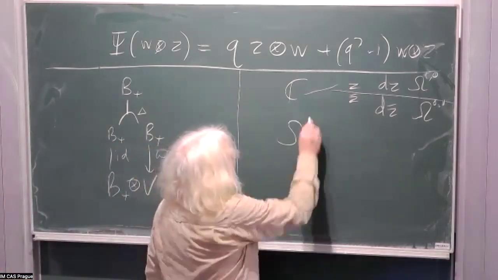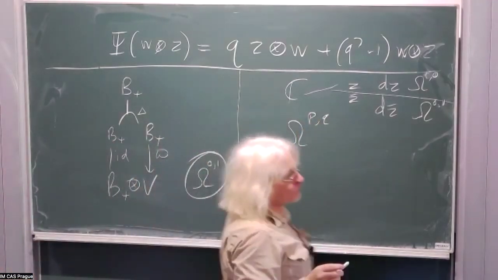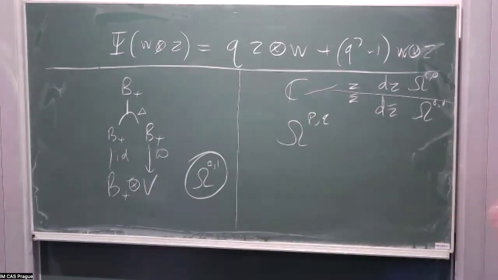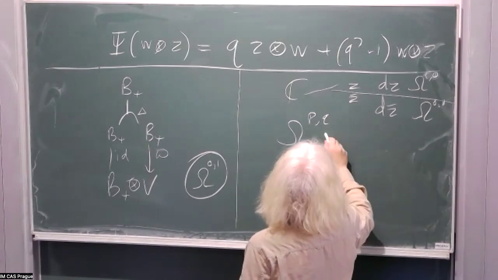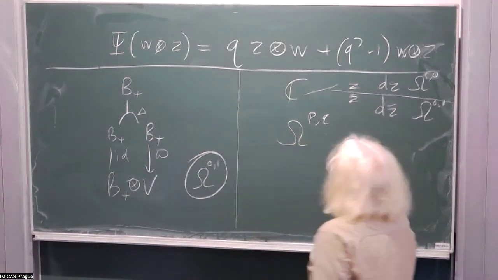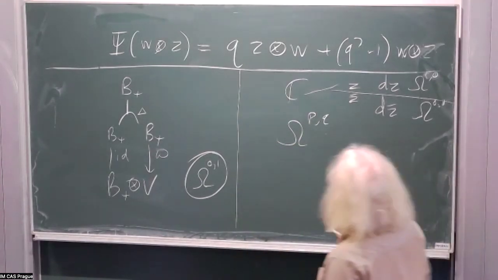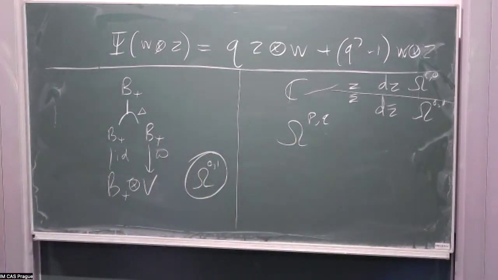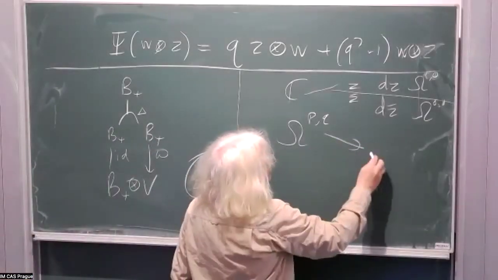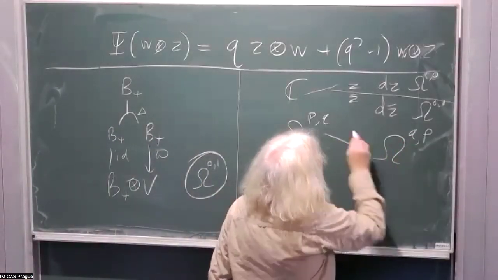And so omega PQ is the forms which have got P DZs and Q DZ bars in them. It's an integrable complex structure. The first thing is that star swaps Z and Z bar, so there is a star operation from this to omega QP.